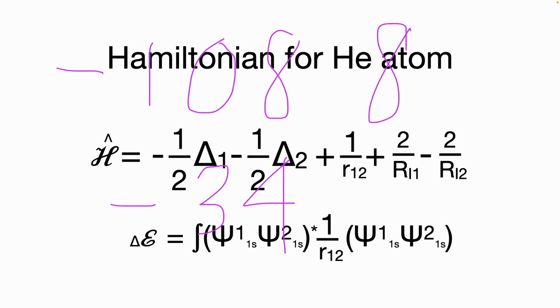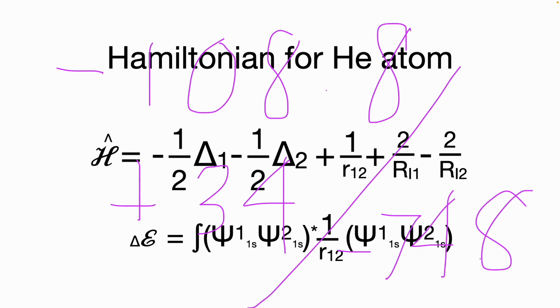I think there's a correction here in the sense that this correction is positive. And when we take the sum, it comes out to be minus 74.8 electron volts. To put this into perspective, minus 74.8 electron volts is our corrected energy, and the actual energy for the helium atom ground state is minus 79 electron volts.